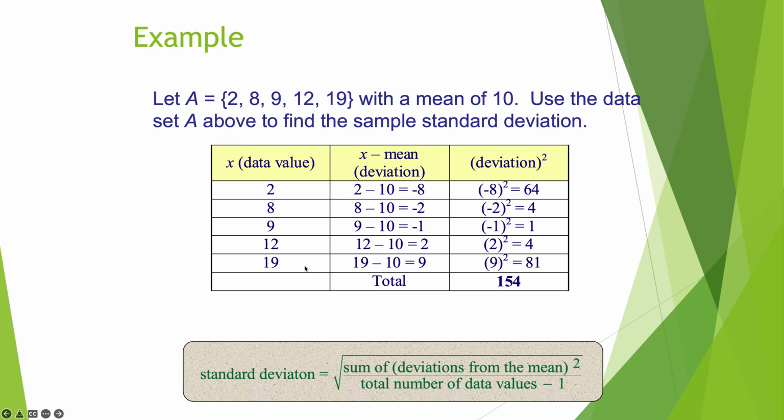Because there are 5 scores. So 154 divided by 4 is 38.5. Then I would take the square root of that, which by the way is about 6.2.